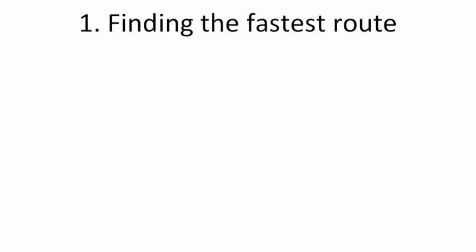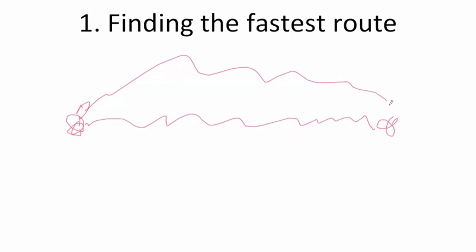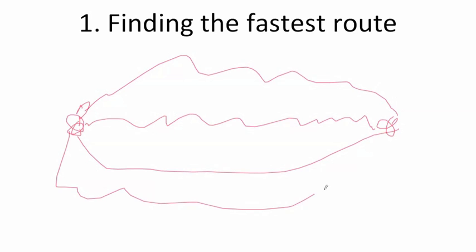Now we'll talk about the transport layer. The transport layer is after the network layer, and they're both similar, but the transport layer basically helps the network layer, and it has two jobs. First, it finds the fastest route. So let's say there's one computer here and one computer here, and this computer wants to send data to this computer. So there may be many routes, a long one.